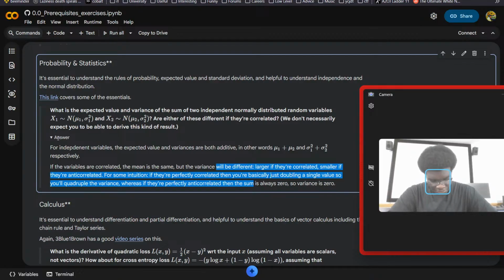Minus, and then, let's see. I don't think them being correlated or anti-correlated affects the mean.